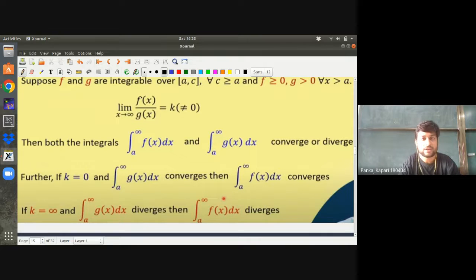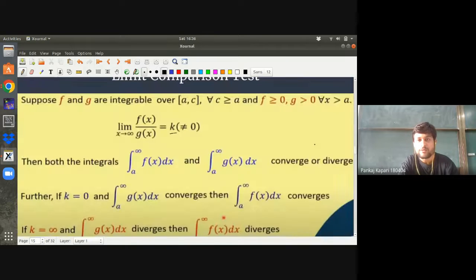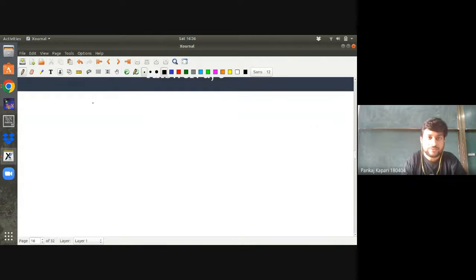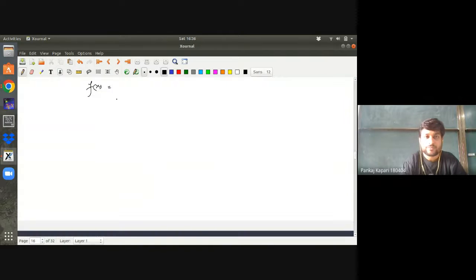You choose some function g and take the limit x tends to infinity of f(x) over g(x), and if that limit turns out to be k, which is non-zero, then the improper integrals of f(x) and g(x) in this range will either both converge or both diverge. So their behavior is the same. For this particular function, what is our f(x)? This is 1 over x square times 1 plus e to the power minus x.